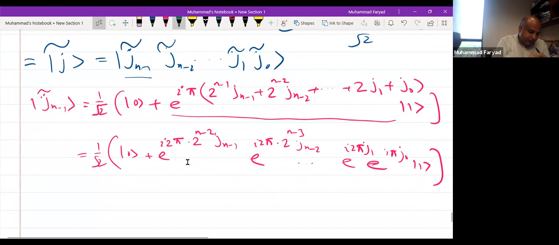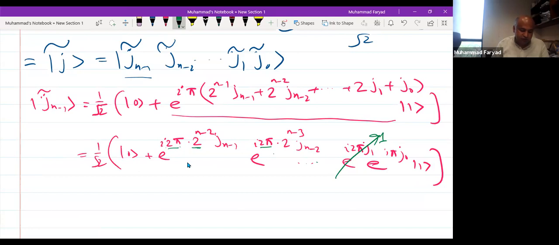Now we can see one thing very easily, that this number is 1, because this is exponential iota 2 pi j1. So even if j1 is 0, it is 1. If j1 is 1, even then it's 1. Similarly, the term next to it is 1, because they're all multiples of 2 pi. So this number is an integer, a multiple of 2 pi. Exponential of a multiple of 2 pi is always 1.